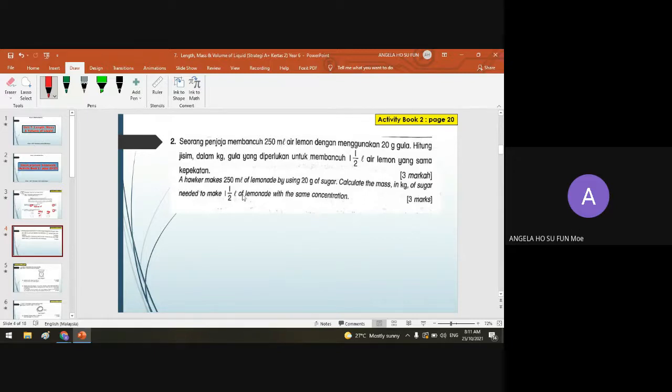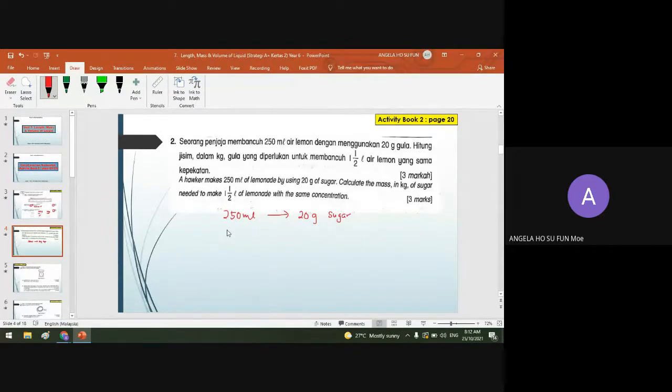So from here, how teacher would do it: if I put here 250 ml, I use how many gram of sugar? 20 gram of sugar I need.